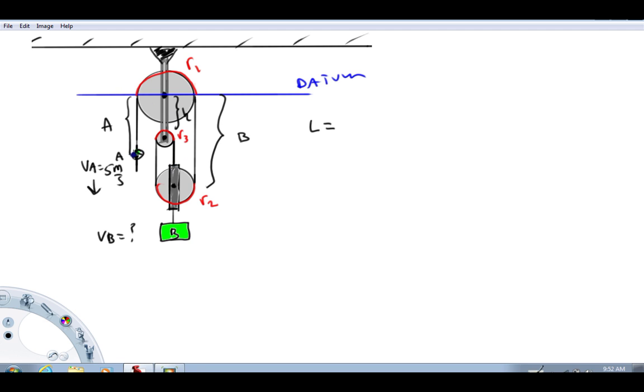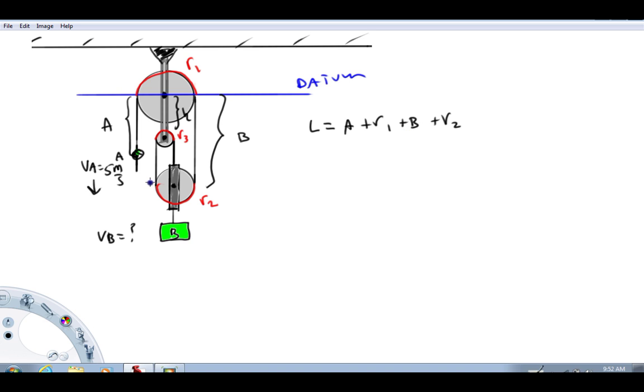As I move from point A to here, the distance is what I called A. As I move along here, I'm adding the distance R1. We move down to here, we're adding the distance I called B. Along here, we are adding the distance R2.